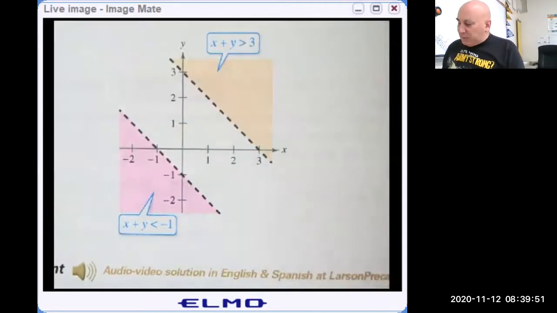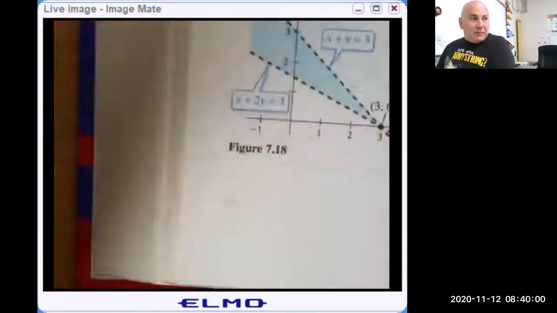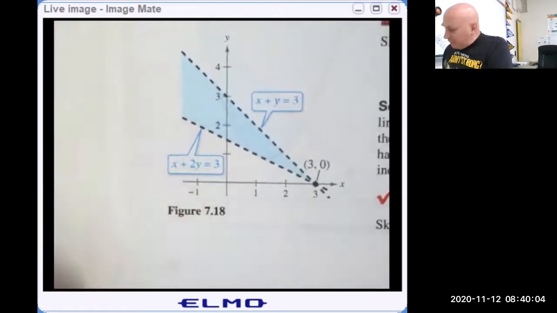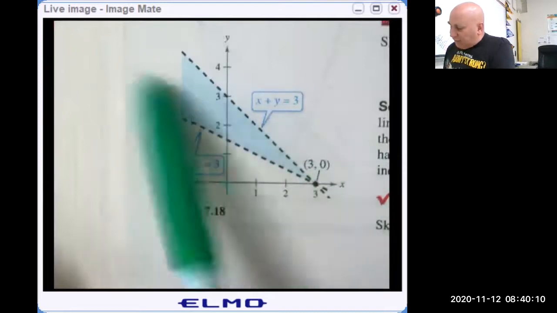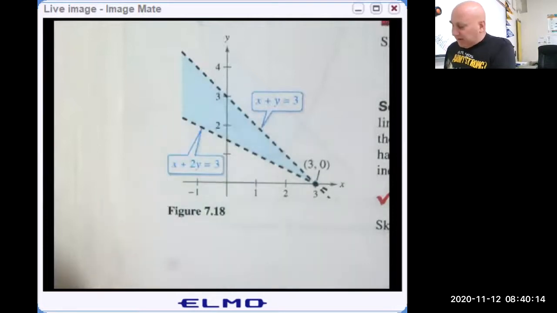There's no place where both of these inequalities are true. There is no solution. Then you have this situation where you have this line, and the solution set is anything in here, it goes on forever. This is called an unbounded solution set.